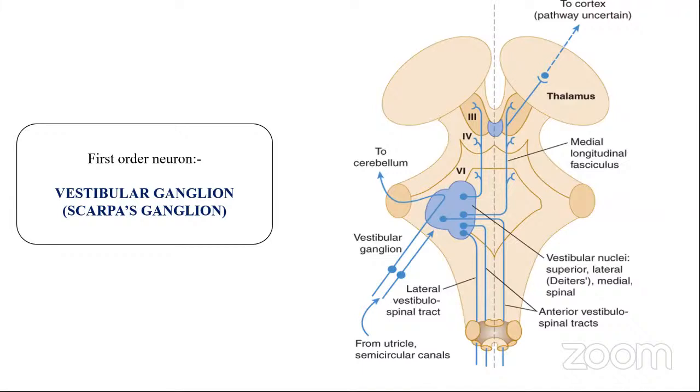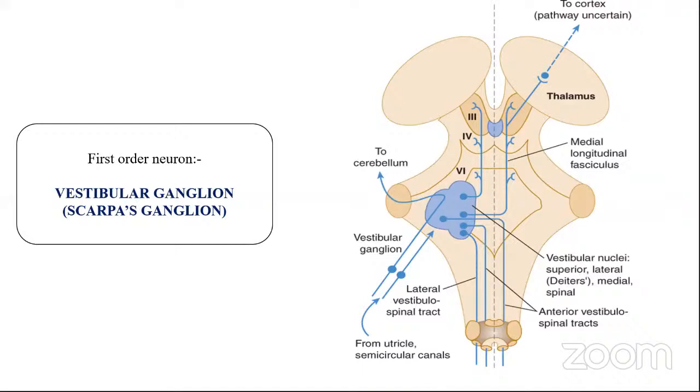From the vestibular nuclei downwards, you can see the lateral vestibulospinal tract, going to the spinal cord. And you can also see the anterior vestibulospinal tract, descending towards the spinal cord.